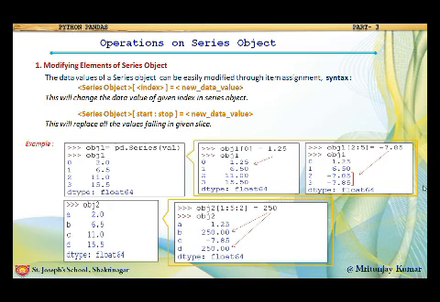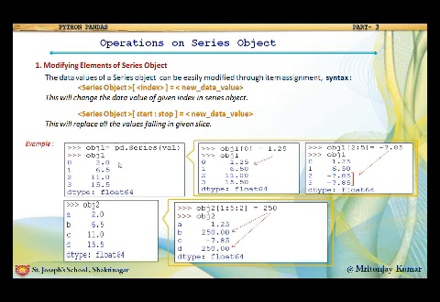Similarly, if I have to modify a range of values in a series object, then we can use the following syntax: series object in a square bracket, give the start index, colon, then the stop index, equals new data values.